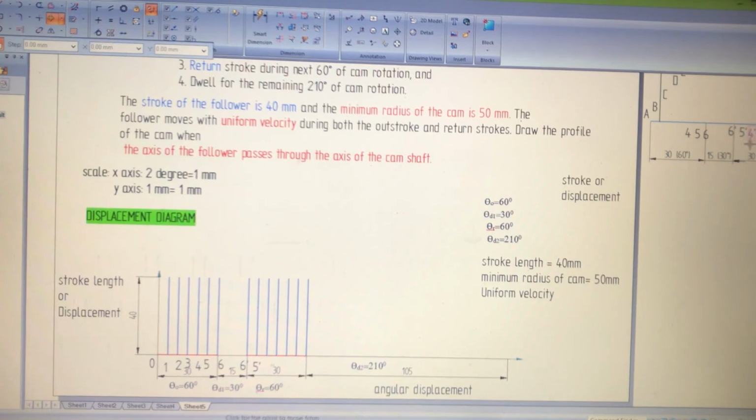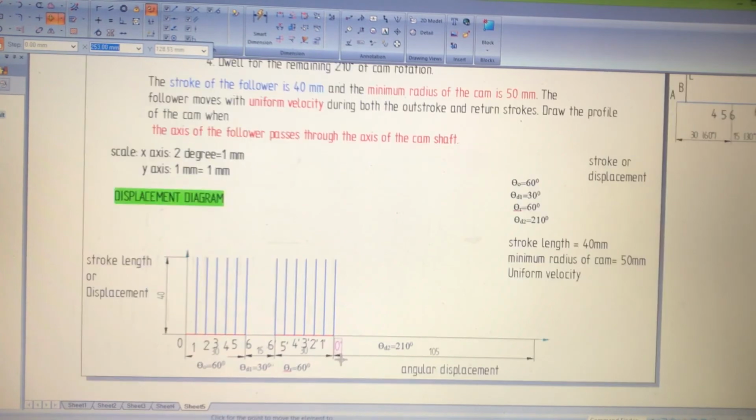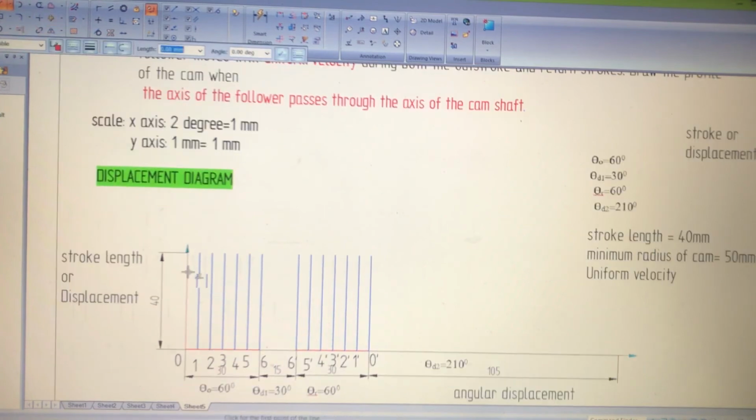For me it is a bit difficult because I'm using software. Now I'll draw a horizontal line at the end of these vertically projected lines.